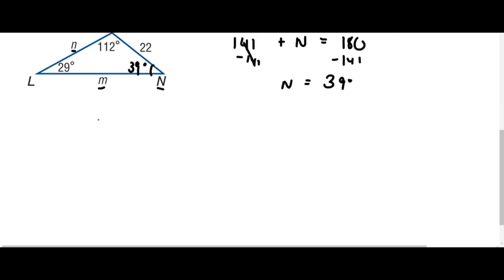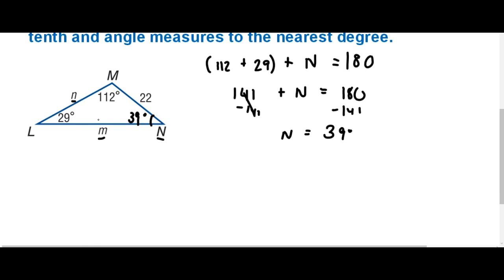So remember, when we use our ratios for the law of sines, the sine of the uppercase angle, such as M, would be 112. That goes over little m. We know the side 22 over here, and we also know the angle 29 for L. So that's a ratio we're familiar with, and that's going to be the smartest ratio to set this up with.